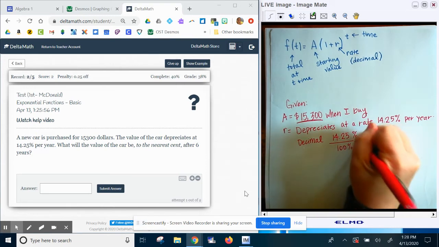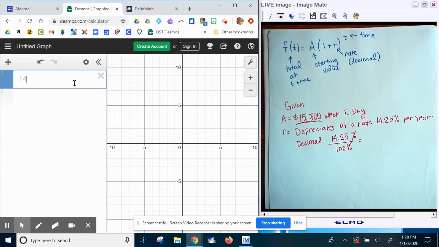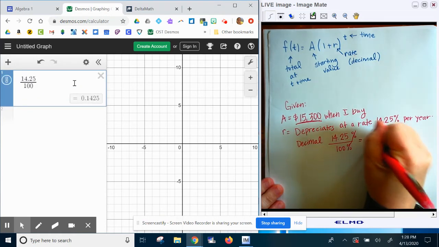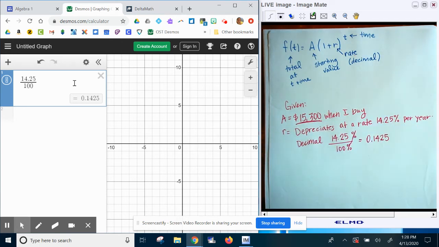So I have 14.25 divided by 100, and I got 0.1425. The other way you could have done this is you could have moved the decimal point over 2 places. Once I've got that, I'm ready to just plug in the stuff.